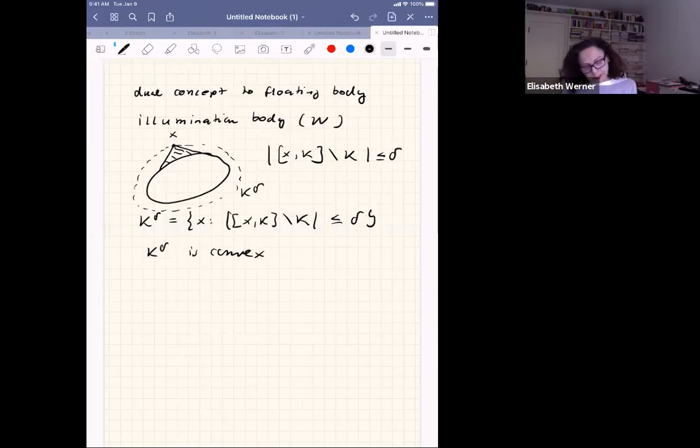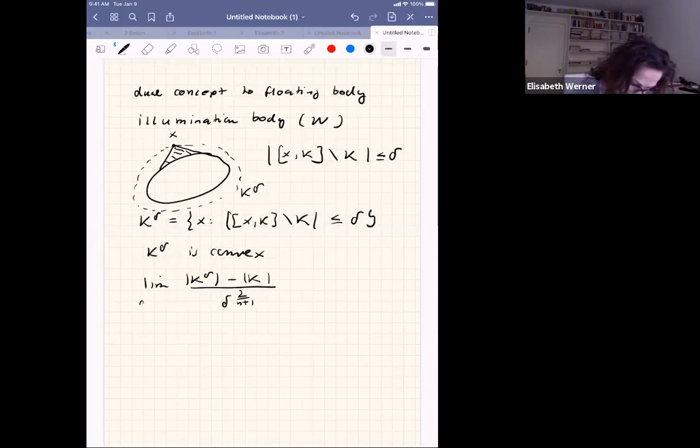And it has the same behavior if we consider the volume difference between the illumination body and the body, and divide by delta raised to the same power as delta goes to 0, then this limit also exists and is equal to some constant that depends only on the dimension, which we know exactly, times the integral over the generalized Gauss curvature, which is the affine surface area.